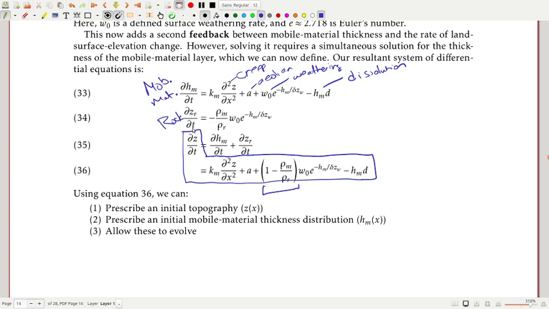Prescribe some initial mobile material thickness distribution, whether it's super teeny tiny or really deep, and then we can allow those to evolve and watch how they'll evolve through time as a function of aeolian inputs, of slope that's going to cause diffusion, of weathering that's going to create more mobile material, and of dissolution. So with this, we've gotten through our core equations for how hillslopes will evolve.